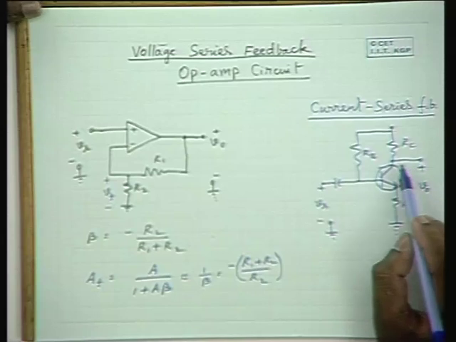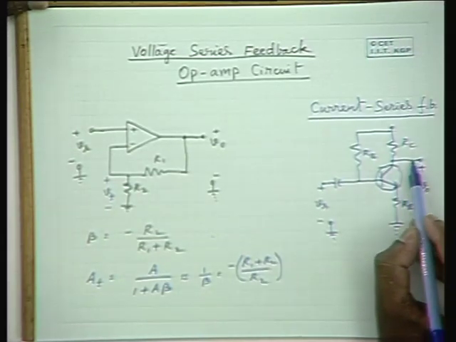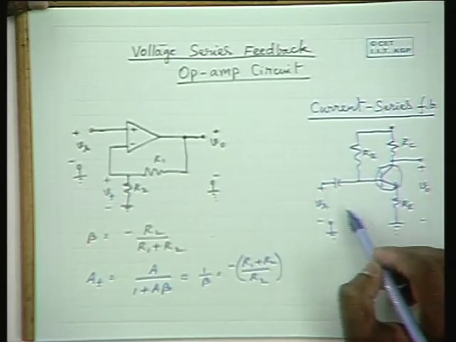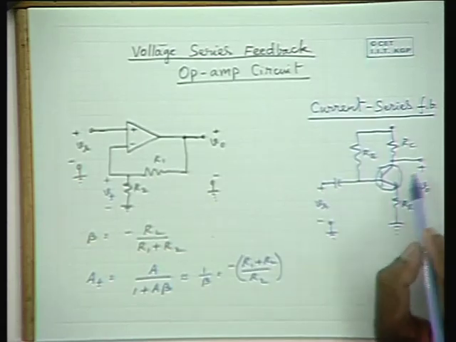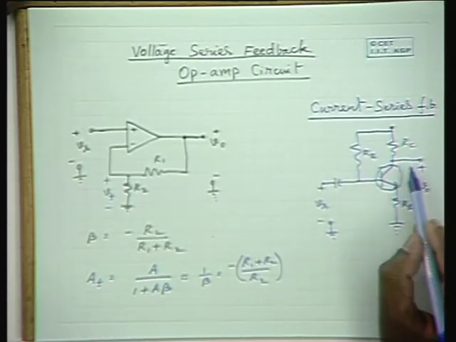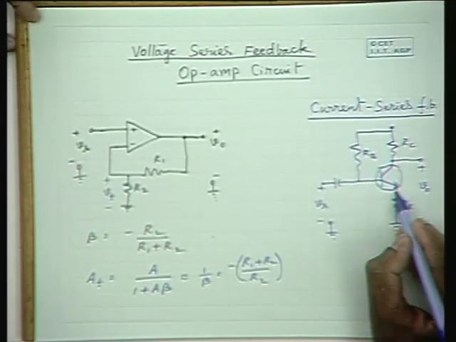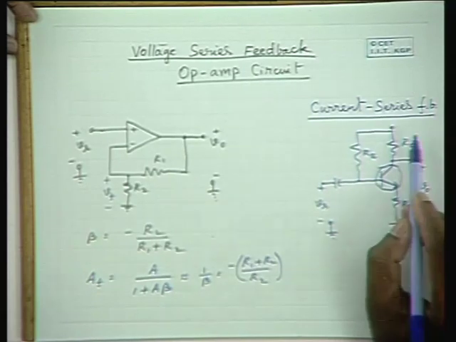Is it voltage feedback or current feedback? If I tap the output here and directly apply a current or voltage at the input by tapping the output voltage, it would have been a voltage feedback. But please note that the feedback is proportional to the output current.